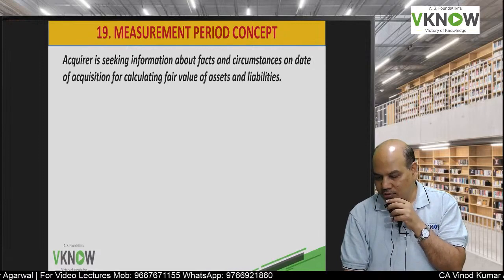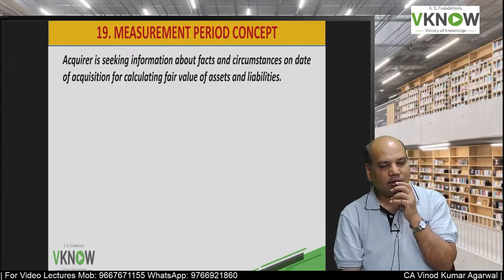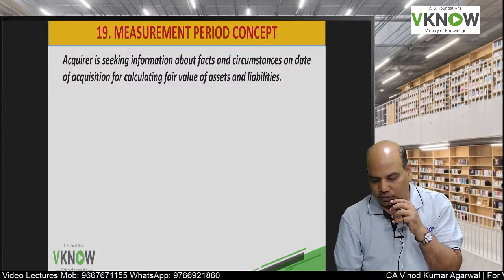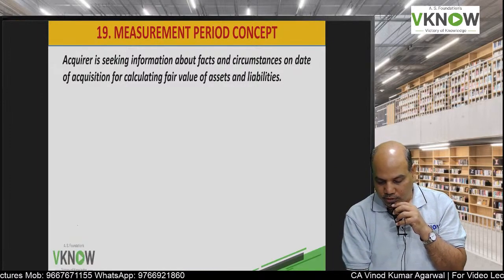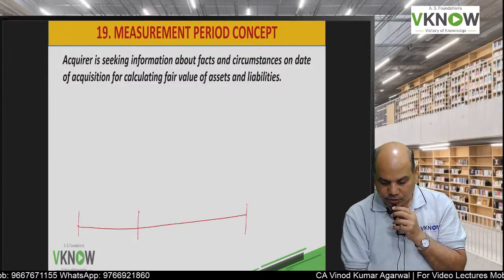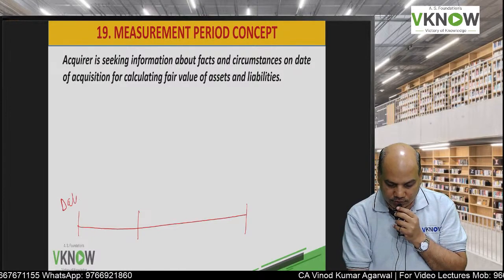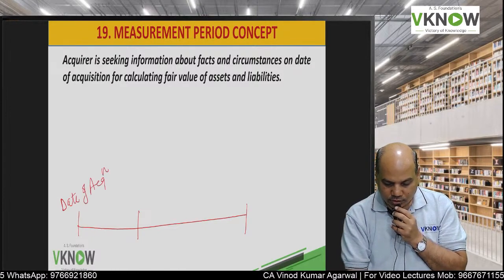Now the next issue is on which we have got some questions in study material and RTP, MTP also. Measurement period concept. So suppose date of acquisition. This concept many students don't know. Pay attention.